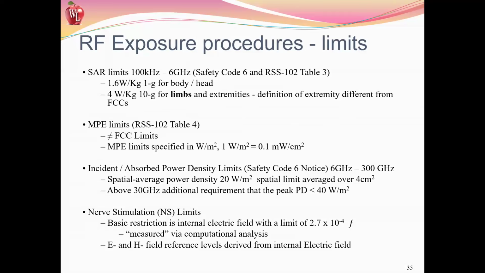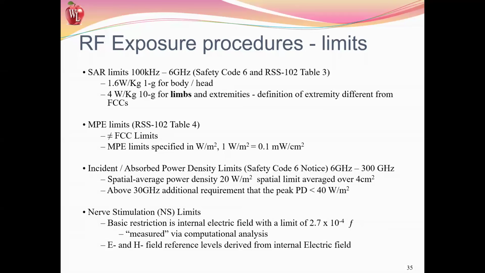MPE limits are watts per meter squared. 1 watt per meter squared is equal to 0.1 milliwatt per centimeter squared. So that conversion, we do milliwatts per centimeter squared in the US, and they do watts per meter squared in Canada.